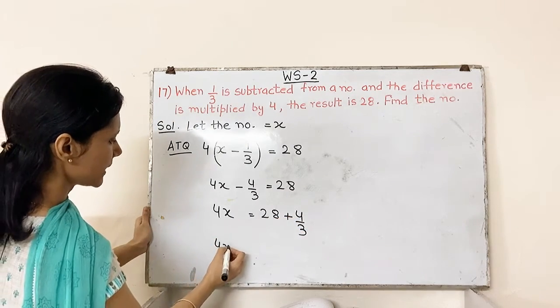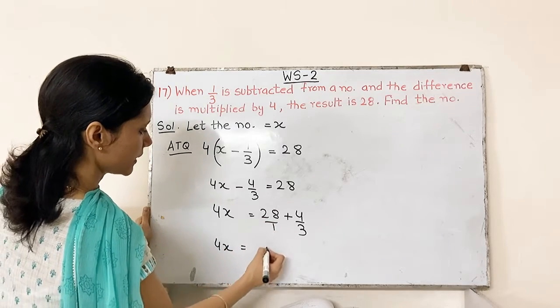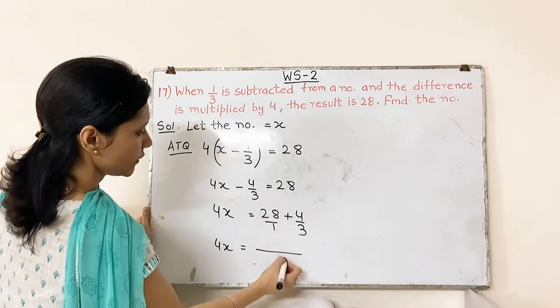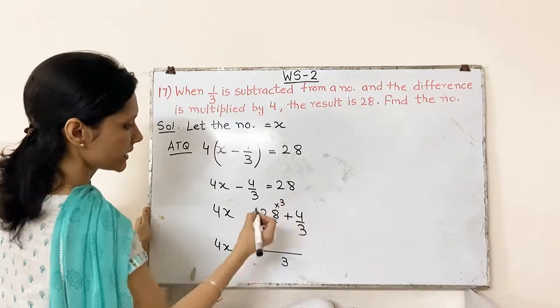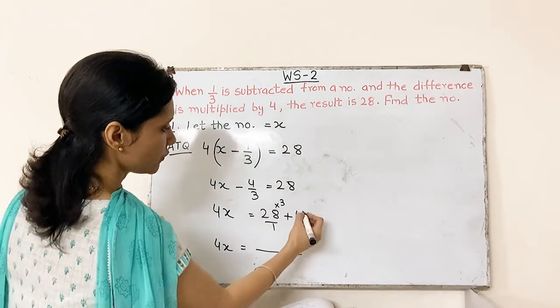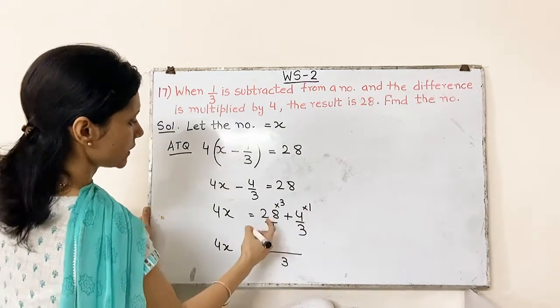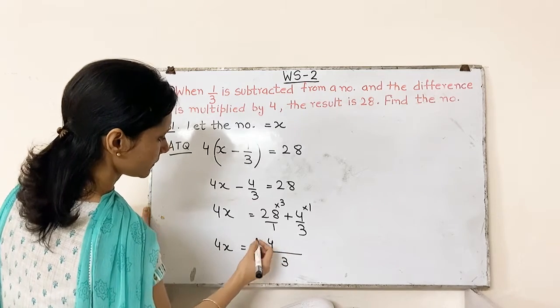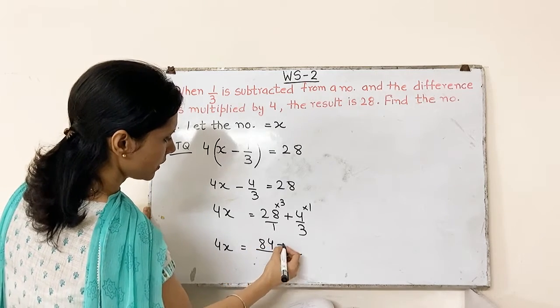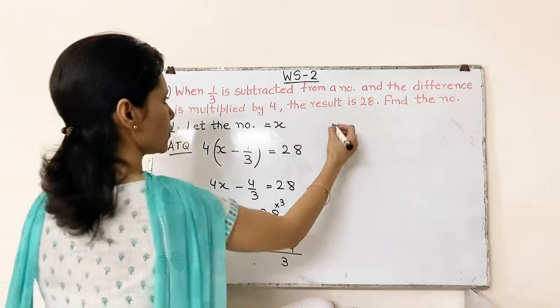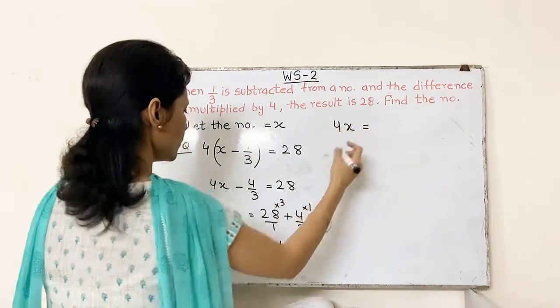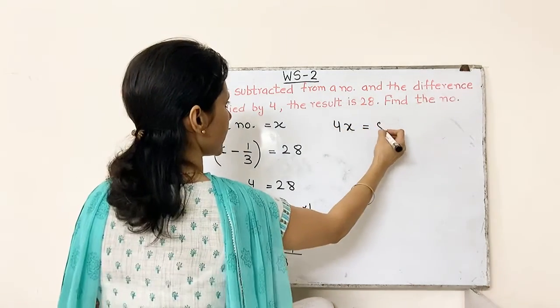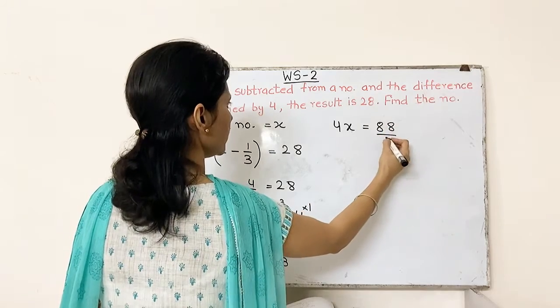So 4x is equal to, let's find out the LCM. 3 divided by 1 is 3, so multiply by 3. 3 divided by 3 is 1, so multiply with 1. So this would become 84 plus 4. So 4x is equal to 84 plus 4, which is 88 upon 3.